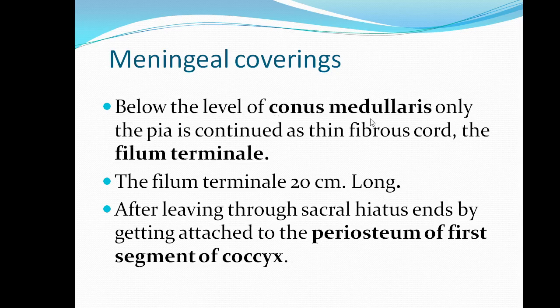Below the level of the conus medullaris only, the pia is continued as a thin fibrous cord, the filum terminale. The filum terminale is 20 centimeters long. After leaving through the sacral hiatus, it ends by getting attached to the periosteum of the first segment of the coccyx.